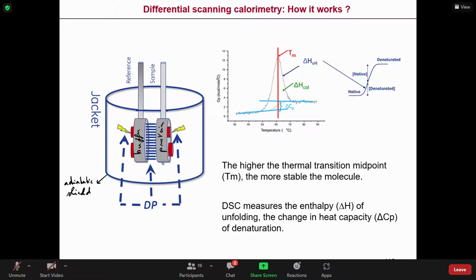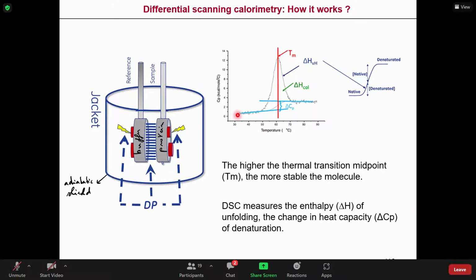The absorption of heat that occurs when a protein unfolds, because you break the bonds, will cause a temperature difference between the cells, resulting in a thermal gradient across the adiabatic shield. So we will measure what we call the heat capacity against the temperature.